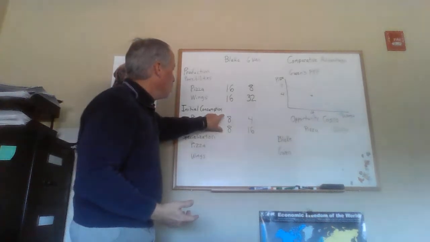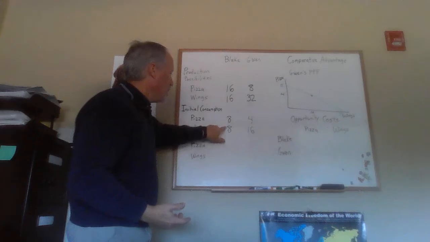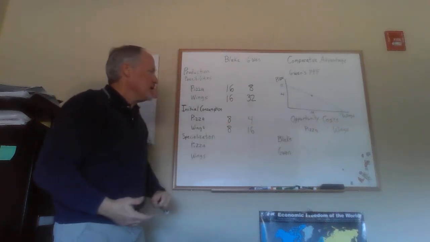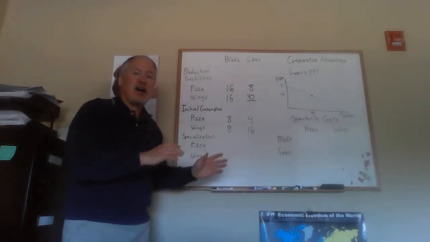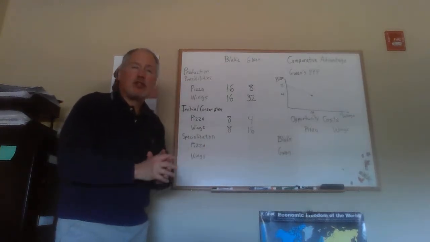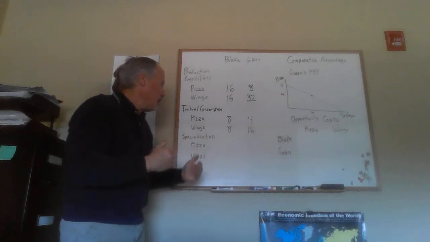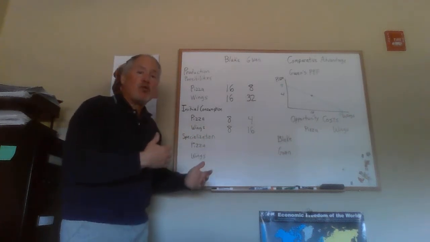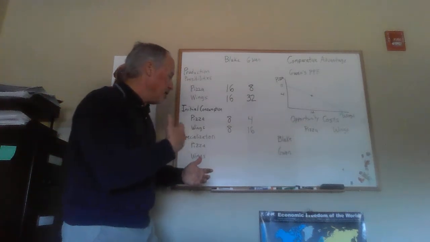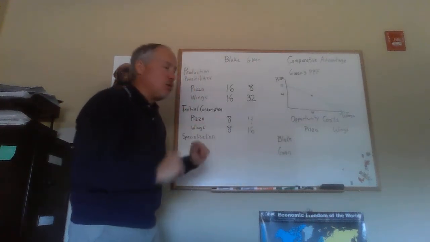So Blake will have 8 pizzas and 8 wings. Gwen has 4 pizzas and 16 wings. That's the state of their economies without any specialization and trade. Now, if they specialize and trade, we can show that both people would be better off than when they don't.